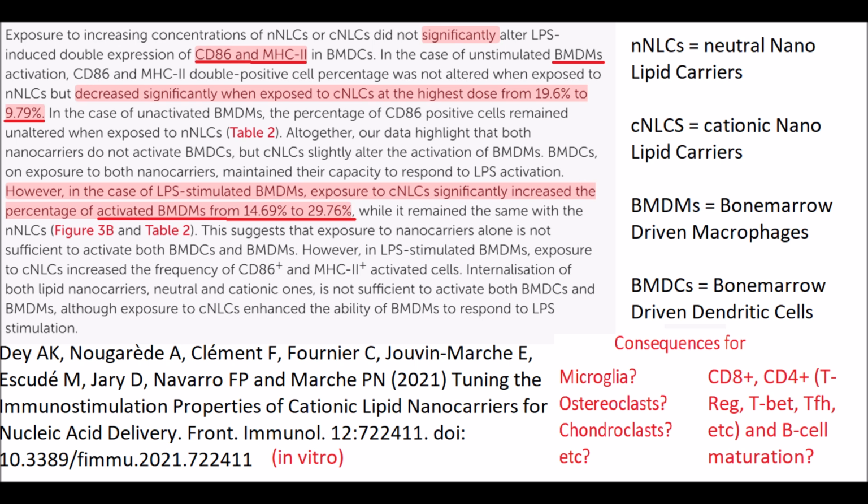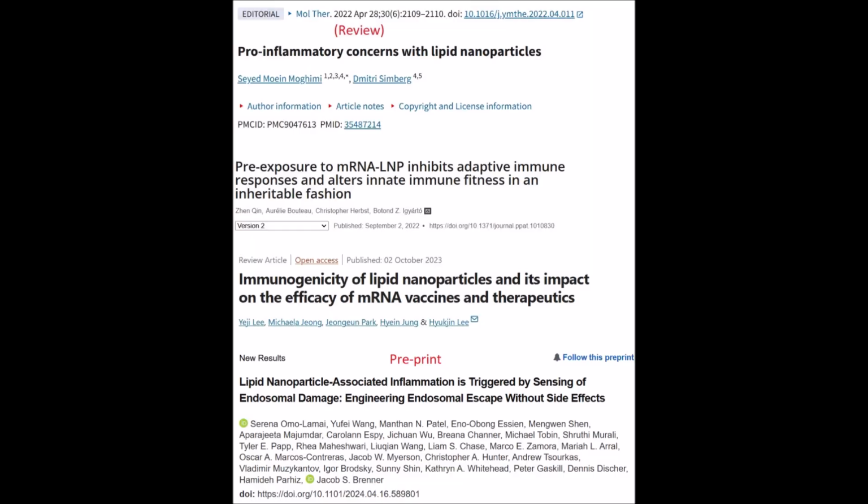However, exposure to neutral nanolipid carriers did not induce any alteration in glycolysis or glycolytic capacity in BMDMs regardless of stimulation. This gives us indirect indications of possible mitochondrial damage and an impending Warburg effect. This means that tumorous conditions have maybe already been created.